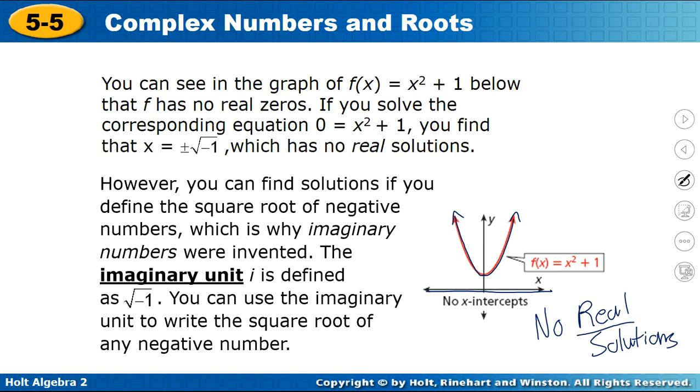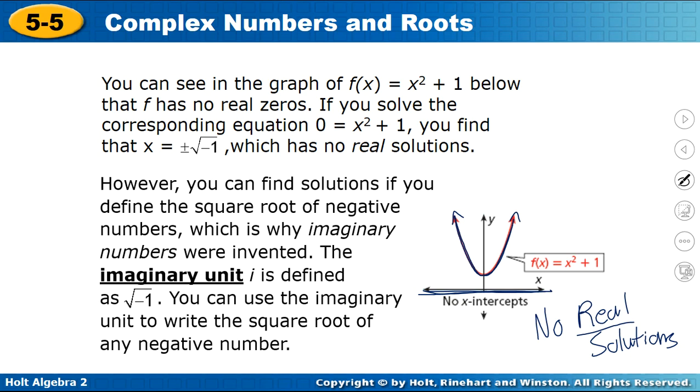Because there are solutions here, it's just imaginary solutions. Remember, the solutions are the points where the parabola intersects the x-axis. Of course, the one you're seeing on your screen right now, that parabola does not cross or touch the x-axis, so it has no real solutions. But it does actually have imaginary solutions.